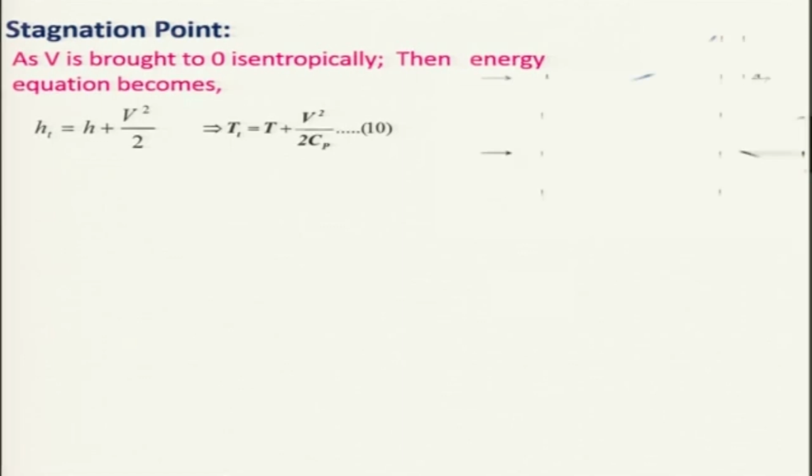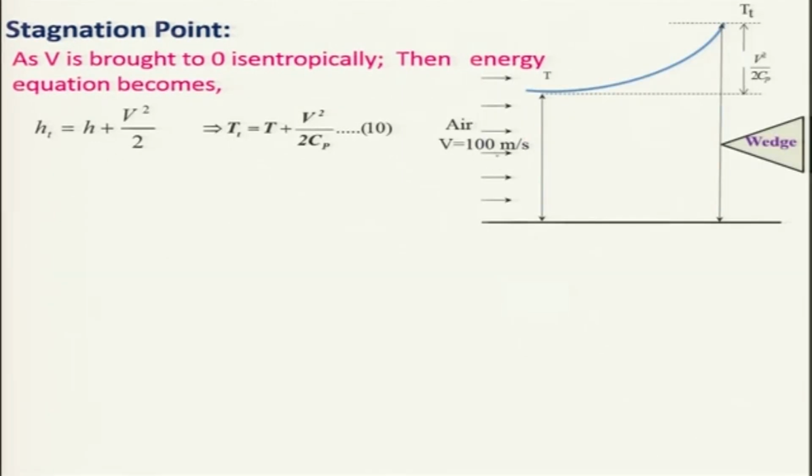Let us take an example where air is moving at 100 meter per second, and then it is brought to a standstill at the wedge. If you look at this, the fluid is coming and being brought to a standstill, and then of course the fluid may move over here.